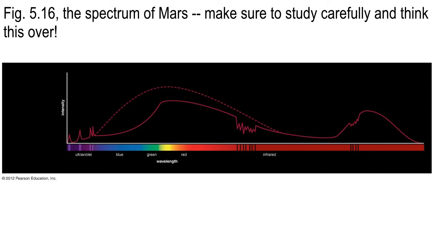This is theoretically what it should be, and here's what it actually is, or rather a schematic, an artist's concept. There are a lot of chiseled out bullet holes here, and some peaks over here. This is ultraviolet, here's blue, and here's infrared. There'll be some homework about this tonight, so you're going to read about this in chapter 5 before you hit your homework.